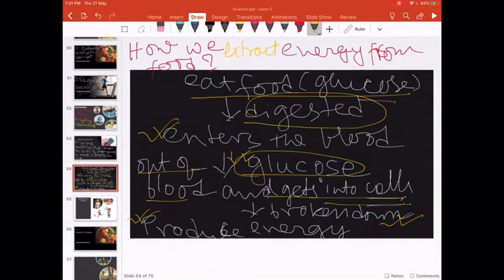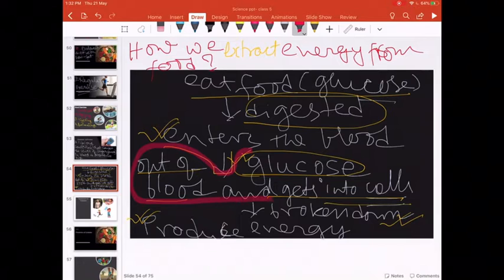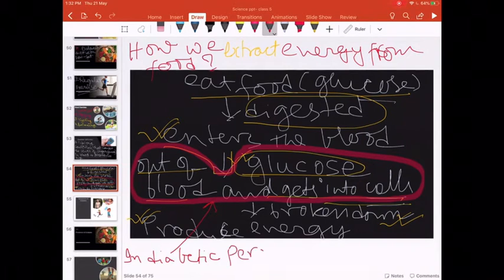This step, where the glucose comes out of the blood and gets into the cell, does not work properly in a diabetic person.